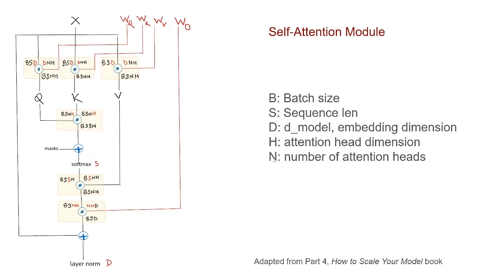Usually, we take H as D by N, so we divide the embedding dimension by N to obtain H, and this is to ensure that when we have multiple attention heads, we keep the amount of computation the same as the single attention head.